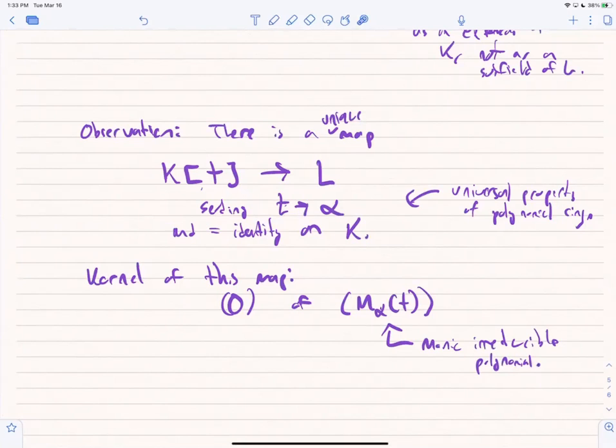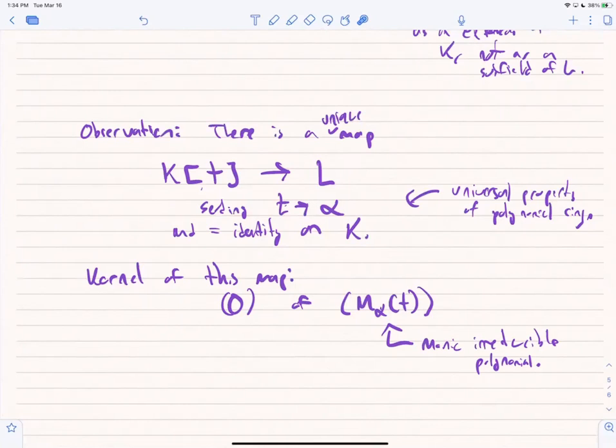So step one, the kernel of this map is going to be a prime ideal because it's a map to a field. A field is in particular an integral domain, and so any subring of an integral domain is also an integral domain. So K[T] mod the kernel of this map is an integral domain. That means the kernel is a prime ideal. So the kernel is a prime ideal, but K[T] is a principal ideal domain.